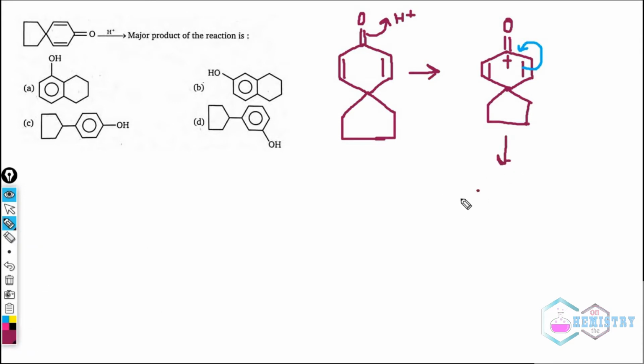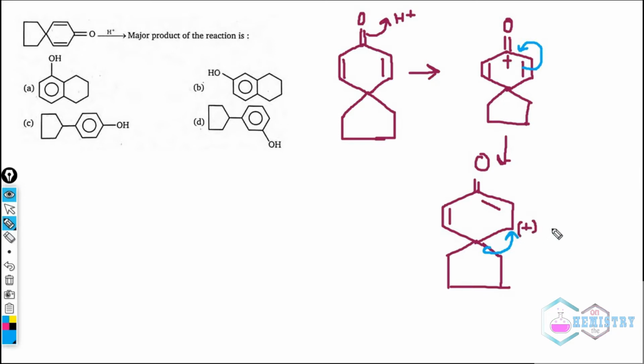It will look like this, with the positive charge on this one. Now this bond will move here, making this carbon positive, as this carbon is 2 degree, and if this bond moves from this position to this position, this carbocation will be 3 degree.